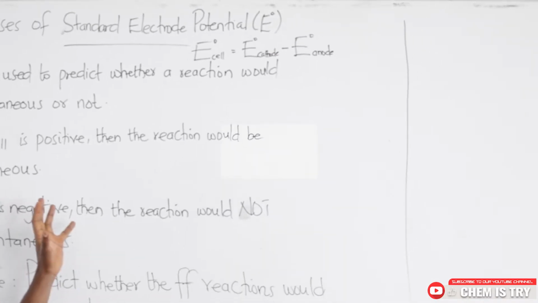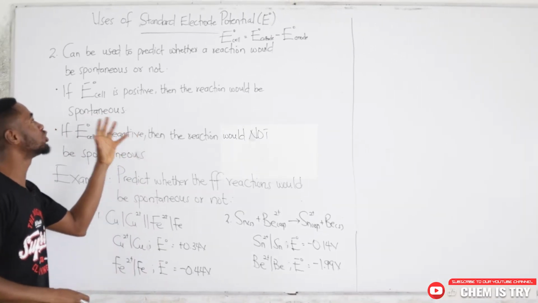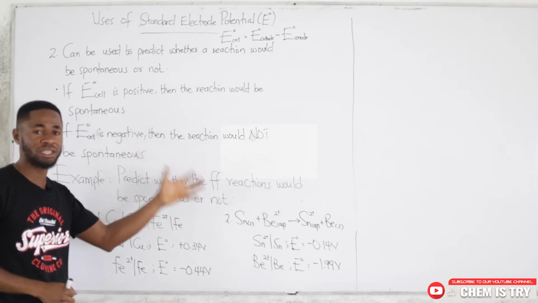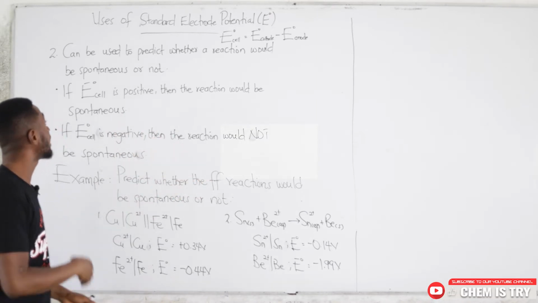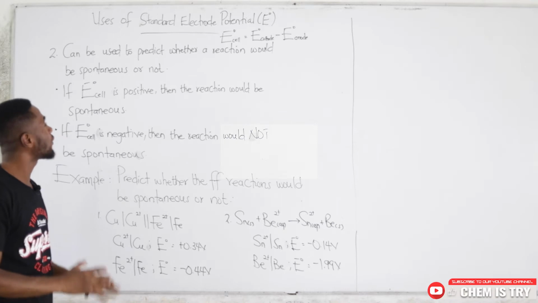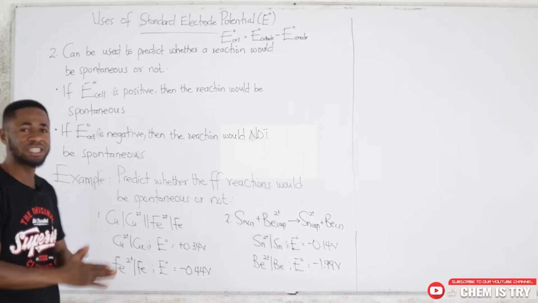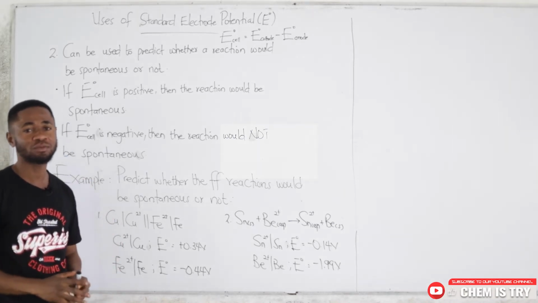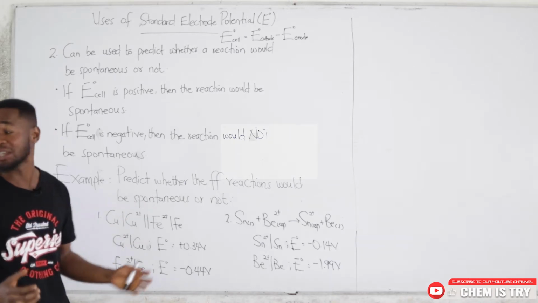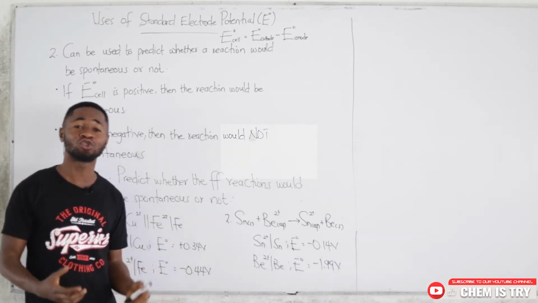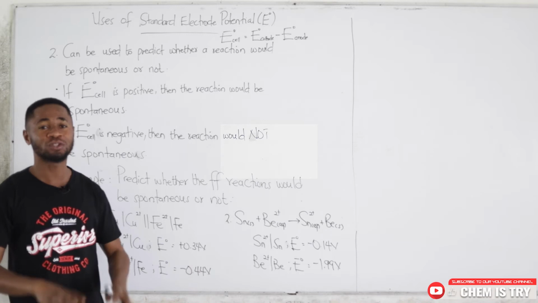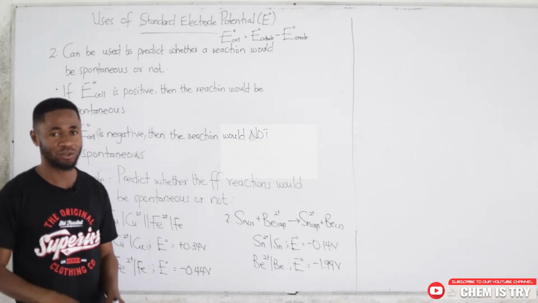Today we want to talk about another important use of the standard electrode potential values, which is that it can be used to predict whether a reaction would be spontaneous or not. Remember, in a galvanic cell, the reaction is supposed to happen on its own, so it is said to be spontaneous.